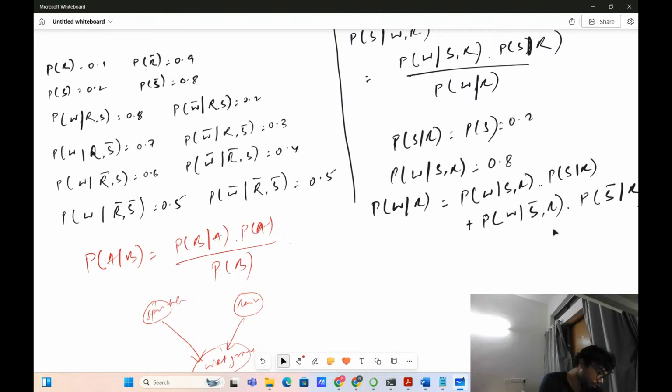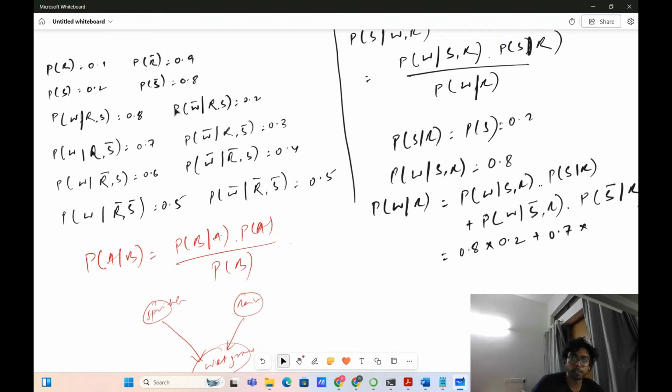So we sum over these, and probability of W given S and R is 0.8 times probability of S given R, which is just probability of S because S and R are independent. Then probability of W given S complement and R is 0.7 times probability of S complement given R, which is 0.8.